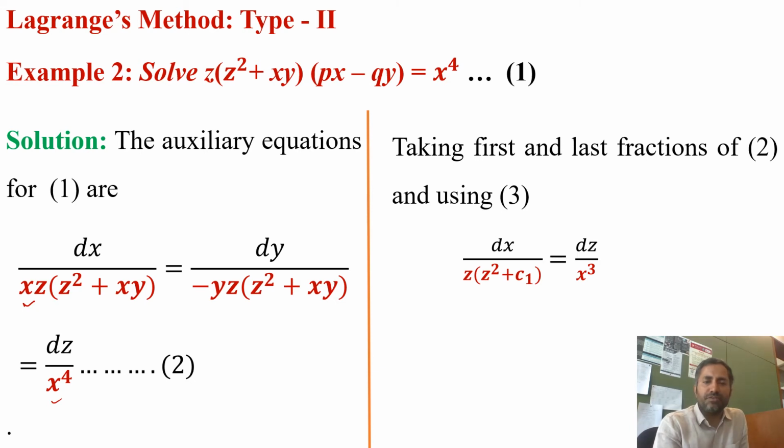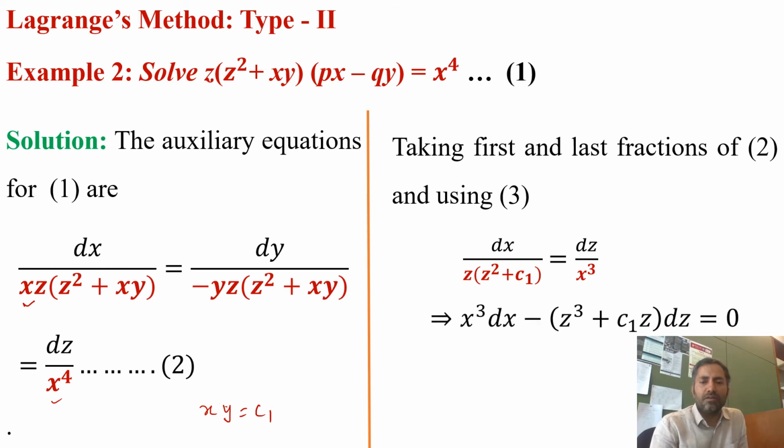And you know in the first solution, xy is equal to c1, so that can be applicable. Now, by cross multiplication, we get x cube dx minus z cube plus c1 z dz is equal to 0. This is now integrable, and you can integrate it here.